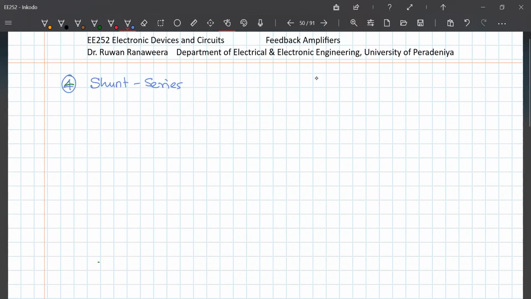You sample the current and feed it back as a current as well. So therefore, feed it back in shunt. So we call this current shunt feedback also. Current amplifier with current shunt feedback.